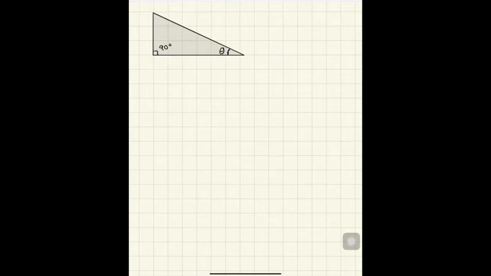Now let's see what it means to have the function of sine of theta, cosine of theta, and also tan of theta. We're going to talk about cotan later on, but it's very similar to tan, so you don't have to worry about that right now.